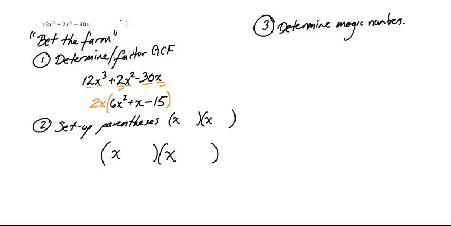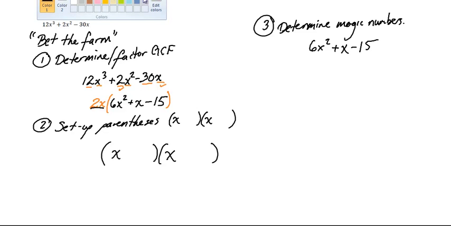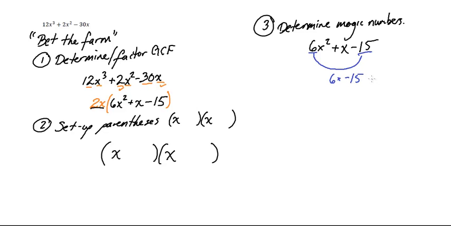So I can go ahead and just ignore this thing for right now and stick exclusively with this trinomial. Alright. So for the magic numbers, I take 6 and I'm going to multiply it by negative 15. And I'm going to get negative 90.